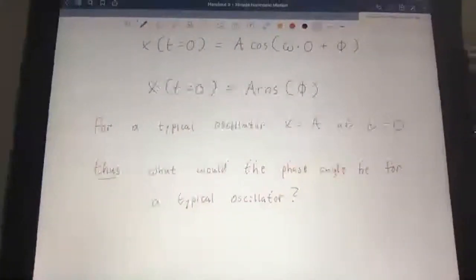For a typical oscillator, where x equals a at t equals 0, what would be the value of the phase angle?